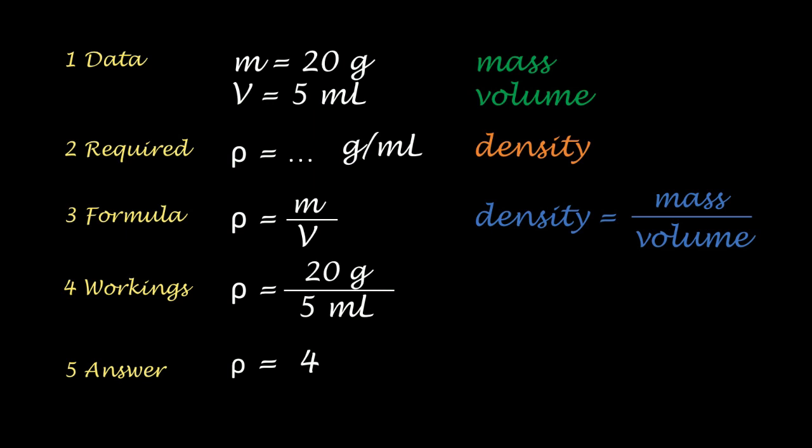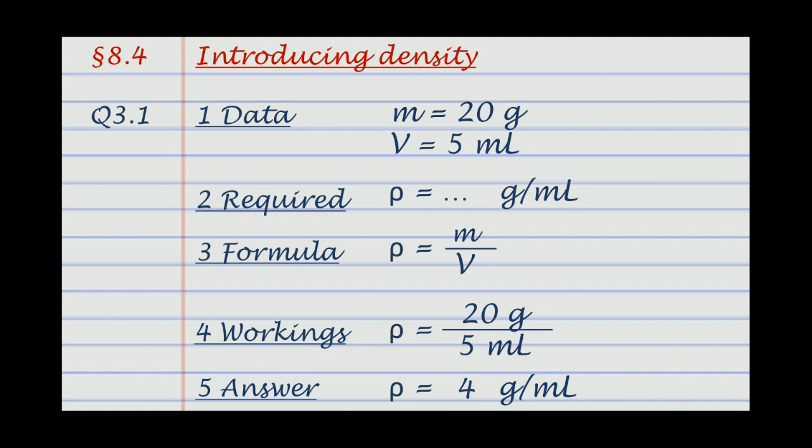But as you remember, a number without a unit is never ever an answer. So the unit that we have here is g/mL, grams per milliliter. Every time I'm asking you to calculate something, this is what you should write down. So this is what you should write down in your notebook now, and this is also what you should write down on a test paper.